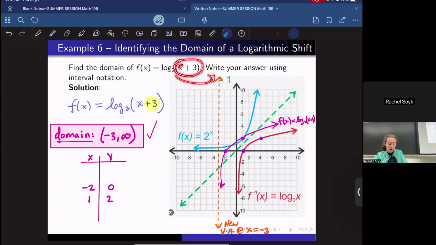So x is 5, and y is 3. And so if x is 5, y is 3. Kind of drew this a little bit off, but yeah. So definitely just do tables.